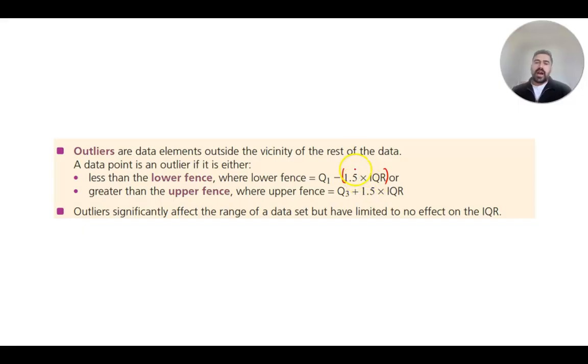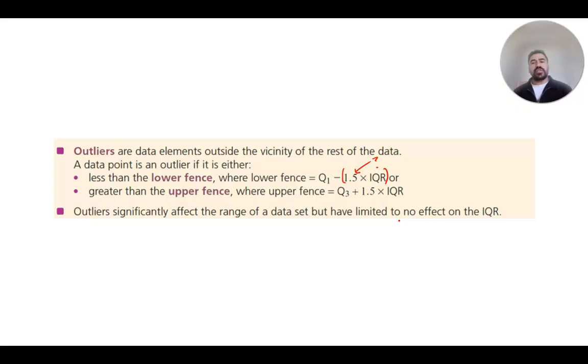Now, 1.5, where does this number come from? There's a lot of research that goes into finding this particular number, and it has to do with a thing called deviations, but we won't get to that right now. Once you find that out, you'll get a number. Anything lower than that is considered a low outlier.